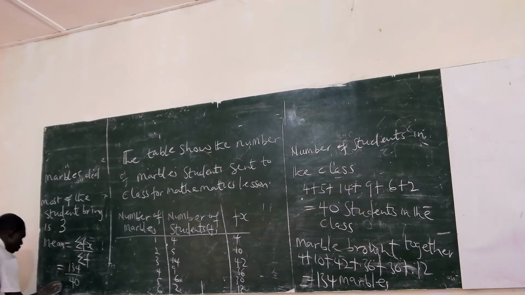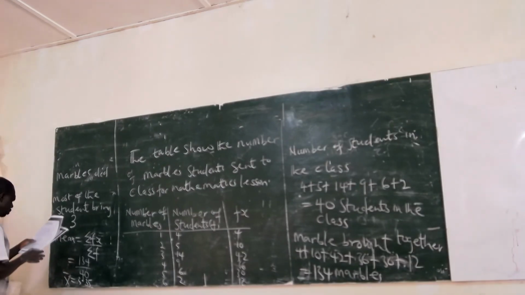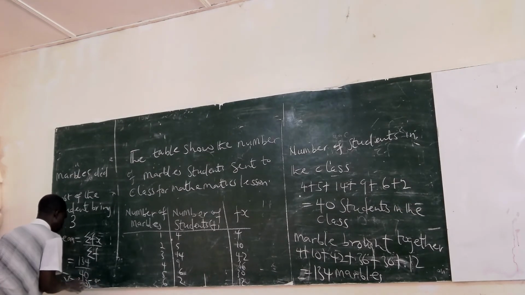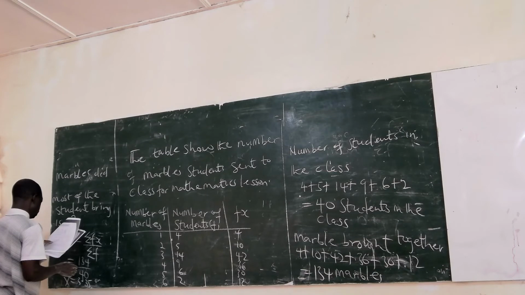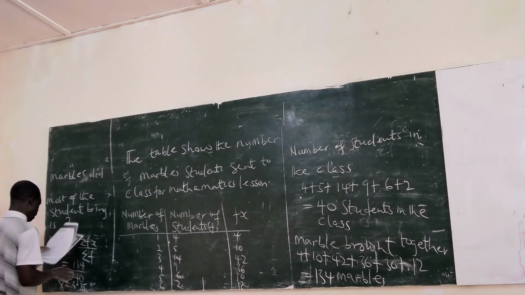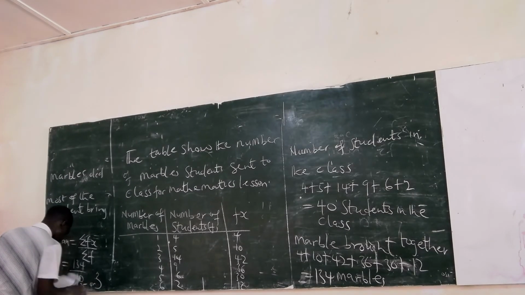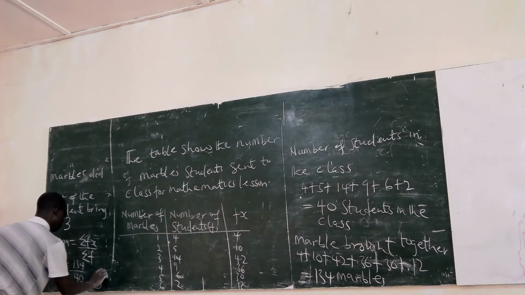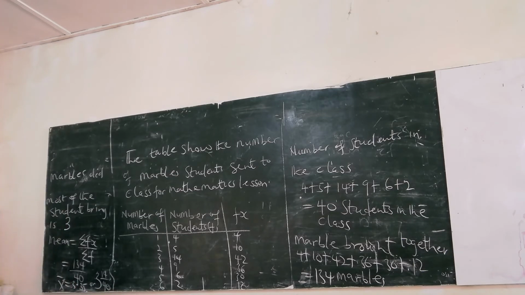So the mean mark is 3.35, or 3 whole number 14 over 40. So do the solution for the question.